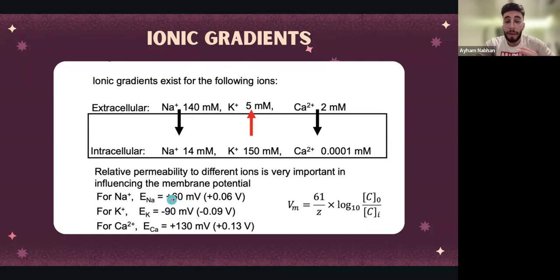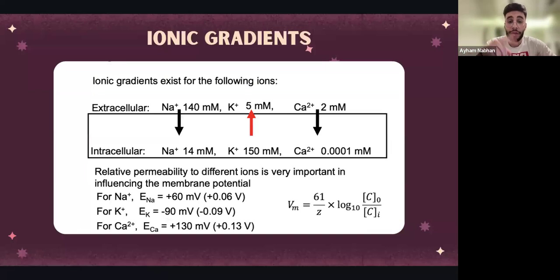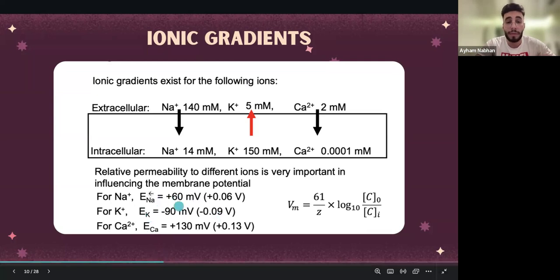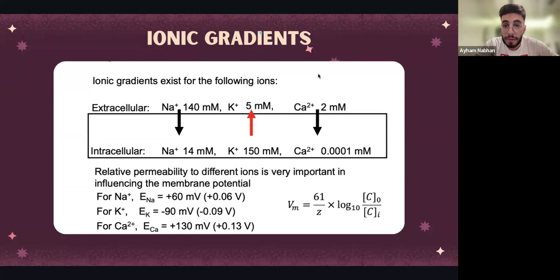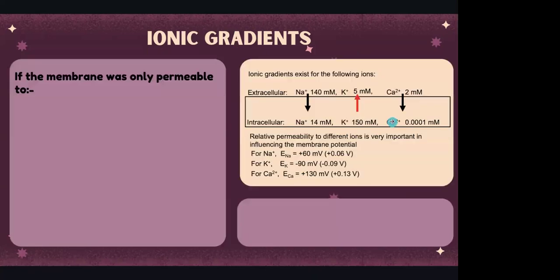Then -90 times 0.5 gives -45. So 30 plus -45 is negative, so it's going to be -15. So the resting membrane potential would be something in between, which is -15. Is that clear, guys? And so on, it would be applicable to the other ions. Is it clear? Yes, clear. Cool.